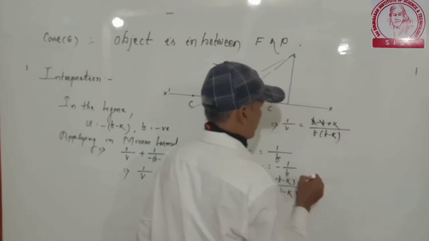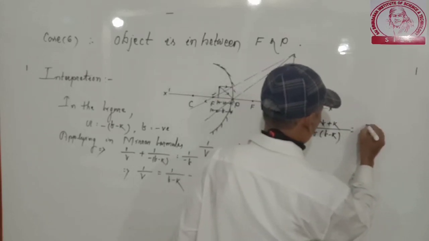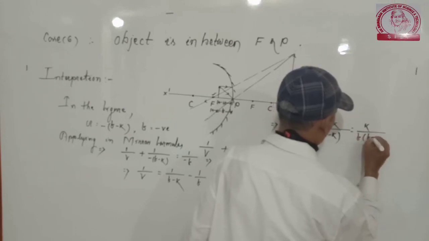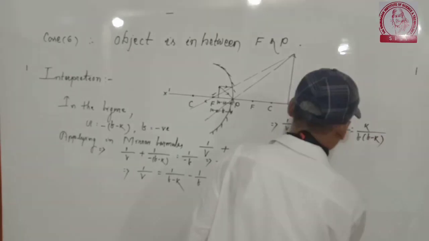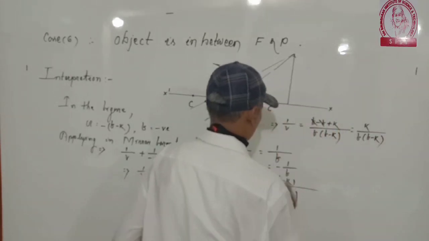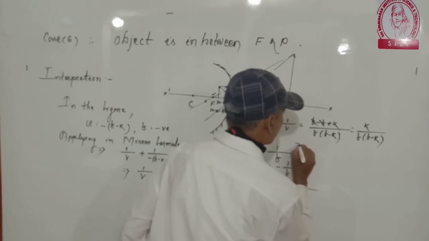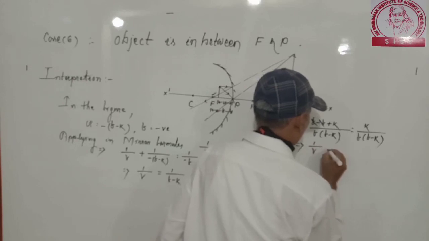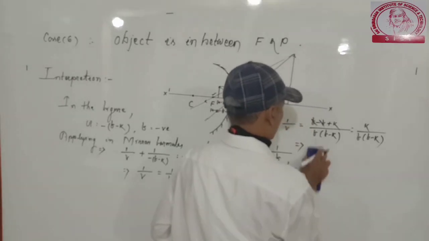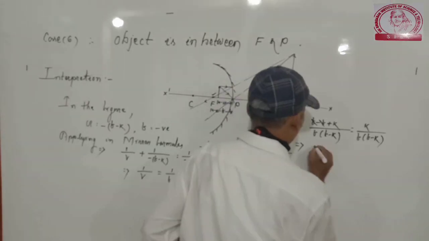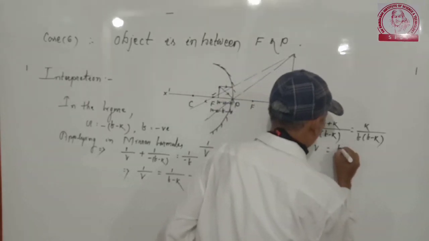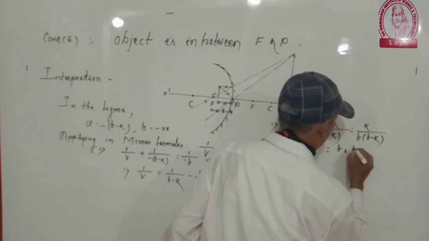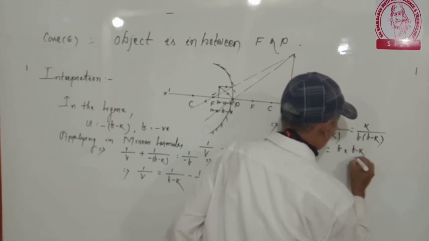So now this cancels. This is k by f into (f minus k), which implies v is equal to f into (f minus k) whole by k.